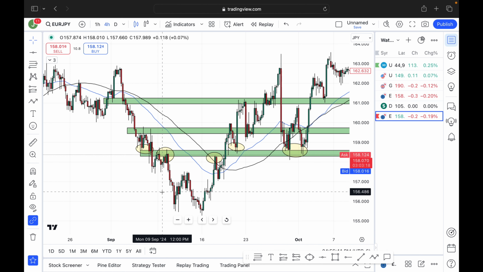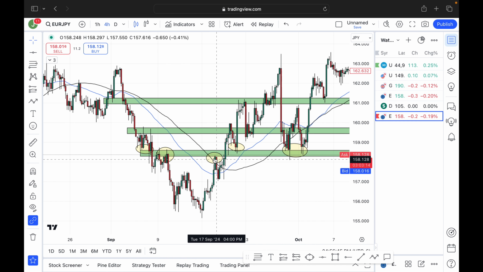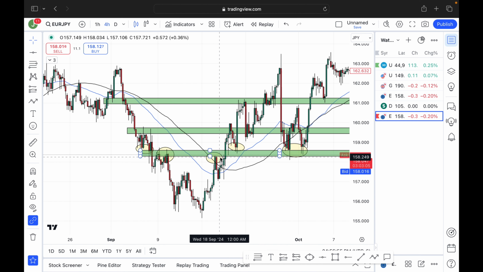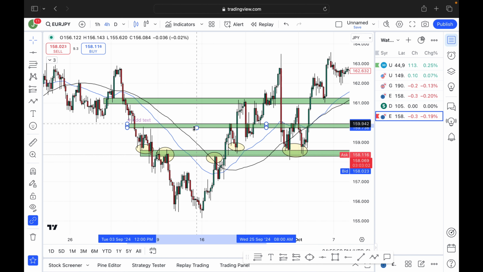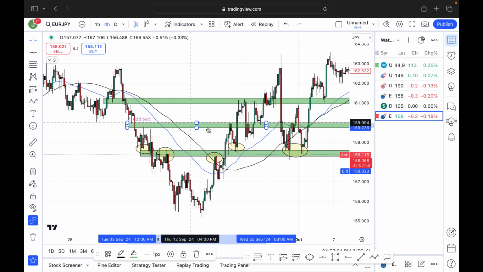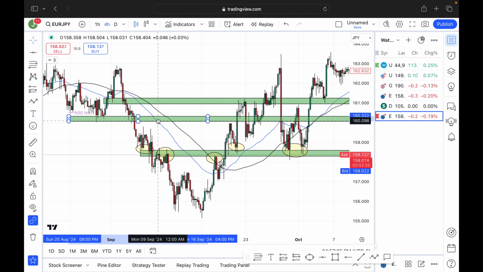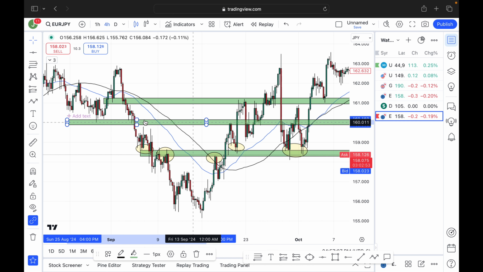Okay, so first thing we're looking at is price action. Then we are drawing our support and resistance levels, which are determined based off of touches, right? How many touches they have. This is a level 2, right? It's not as strong. There's a little touch here, a little touch here.